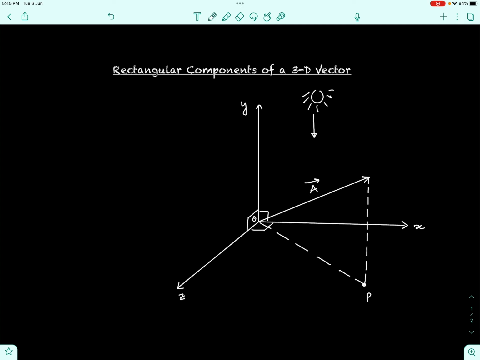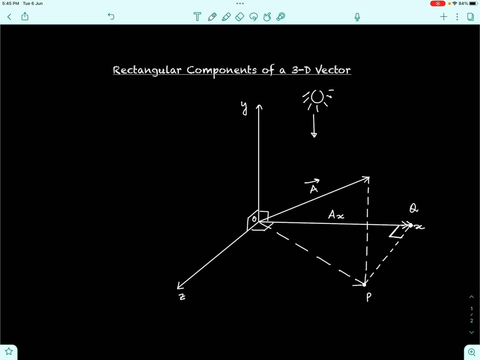From the point P, if we draw a line parallel to the z axis like this, it will cut the x axis somewhere here, and this point we can call the point Q, and the length OQ will then be the component of vector A along the x axis, because this dotted line that we have drawn will be perpendicular to the x axis. Okay. So, the length OQ will be the x component.